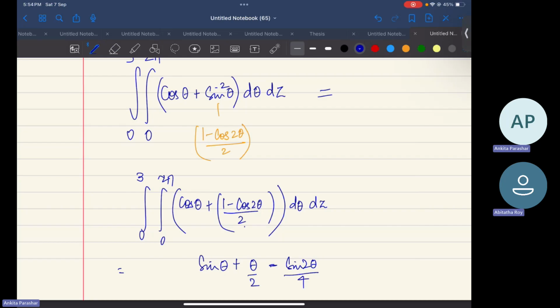From 0 to 2 pi, and then integration from 0 to 3 dz. Is this okay?